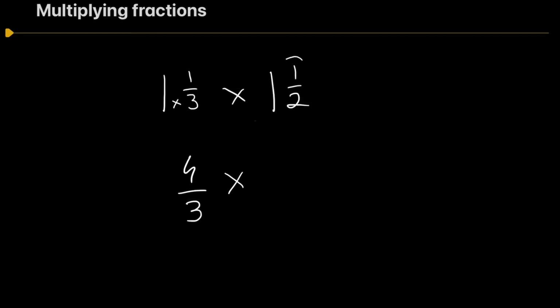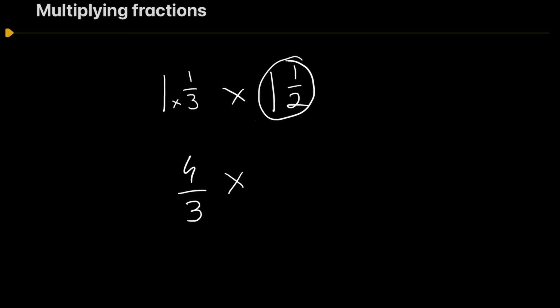Let's try one more example. So there is 1 and 1/3 into 1.5. Again, you multiply the whole number and the denominator, so 3, and then add the numerator. So 3 plus 1 is 4 with the same denominator. So 4/3 into, and this number also you have to convert into an improper fraction.